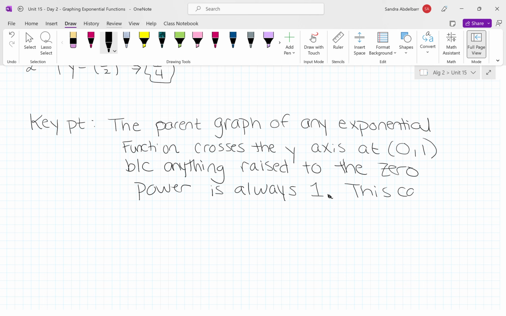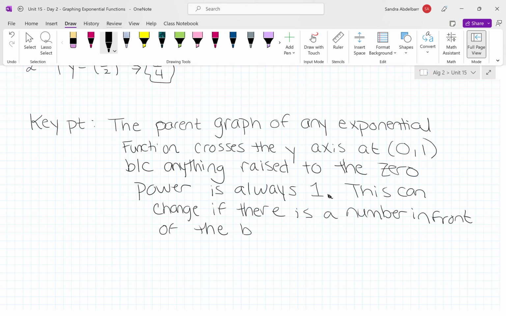This can change if there is a number in front of the base. I'll show you what I mean by that in a second.